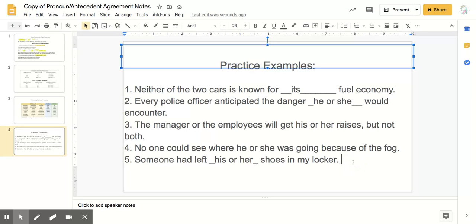Okay, let's write one down here that includes a plural personal pronoun. So let me say the students brought blank books to class with them.